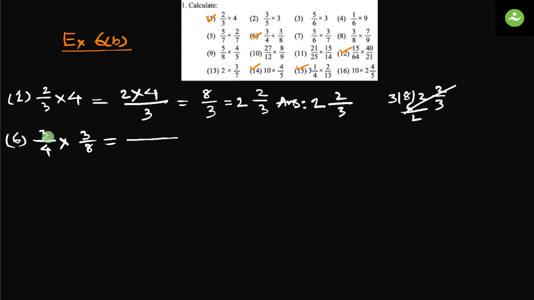We will multiply the denominators, 4 into 8, and we will multiply the numerators, 3 into 3. 3 into 3 is 9, 4 into 8 is 32. Can we reduce it to a smaller fraction? No. So that will be the answer. This is a proper fraction. No need to change. Answer: 9 over 32.